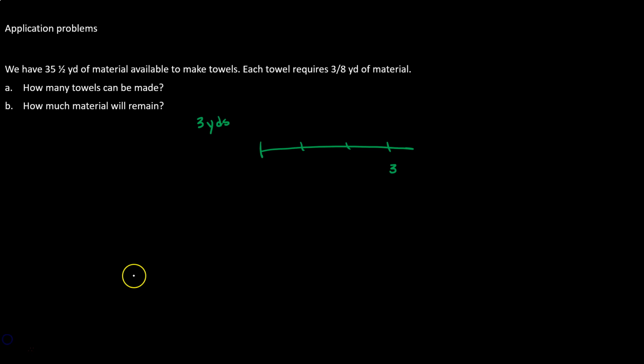So what I'm going to do is find 3/8 on the number line. My first tally mark would be 1. If I cut this into 8, and then I count up 3, that's 1 towel. If I count up 3 more, that's 2 towels. And if I continue cutting this number line, I can count how many towels to make.